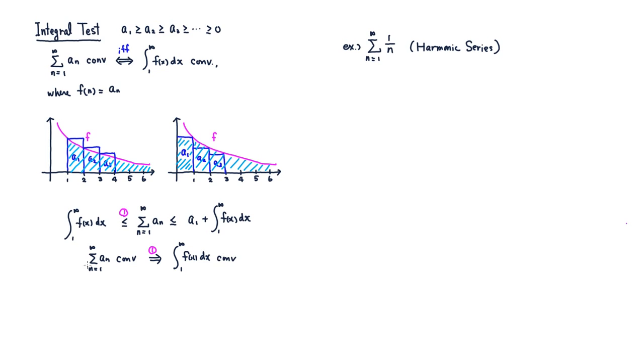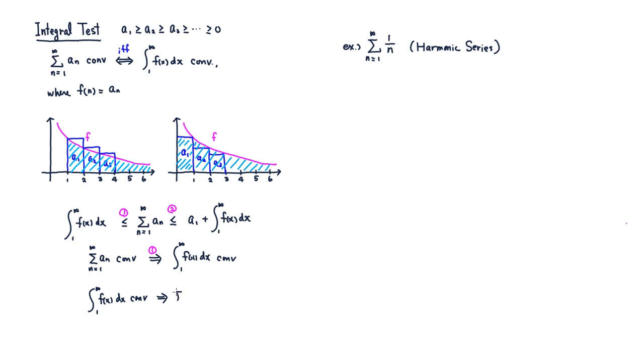But if the integral converges, then using the second inequality, if the integral is finite, then the series is also finite because it's smaller.